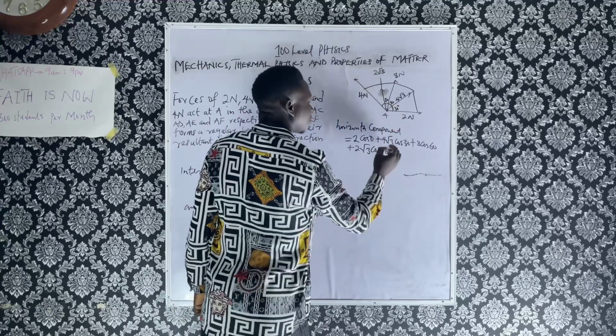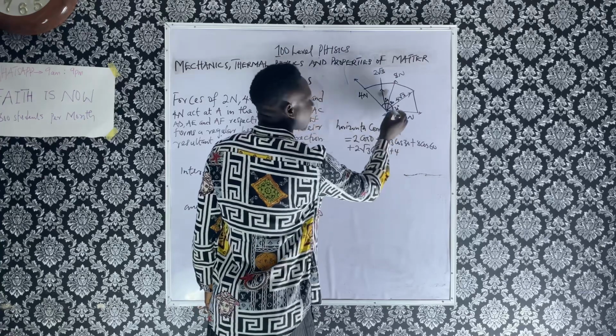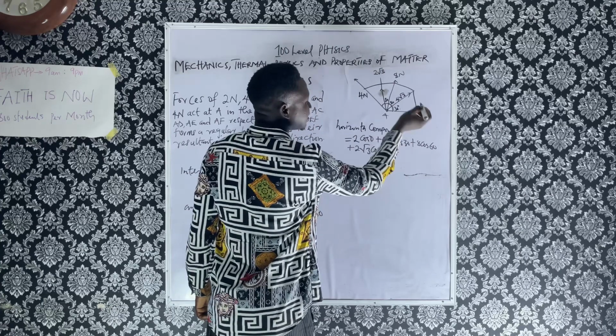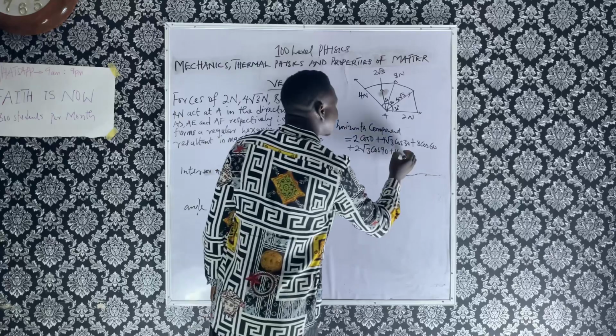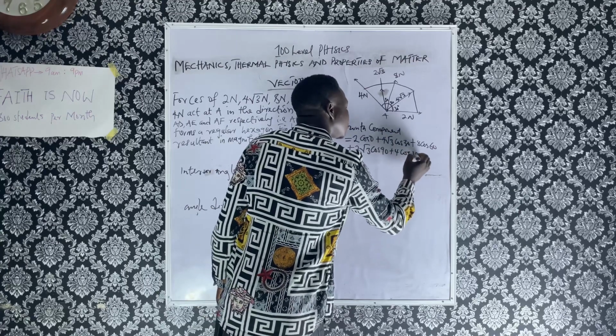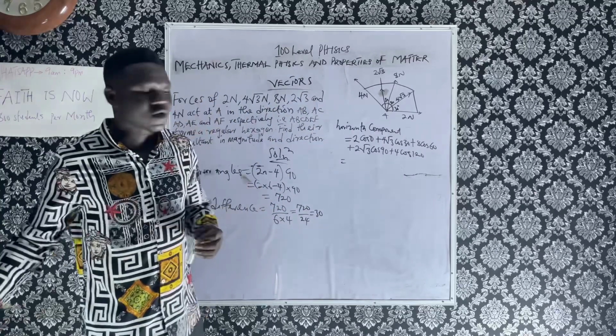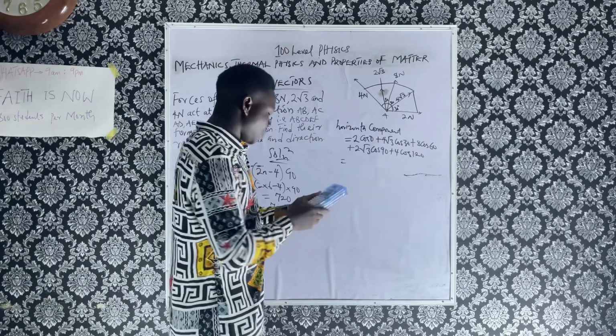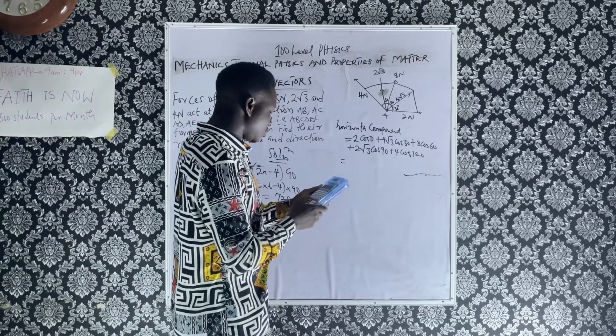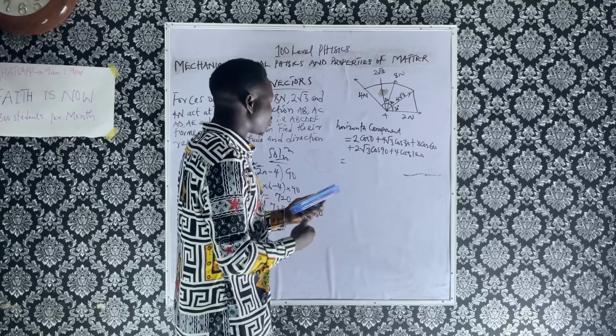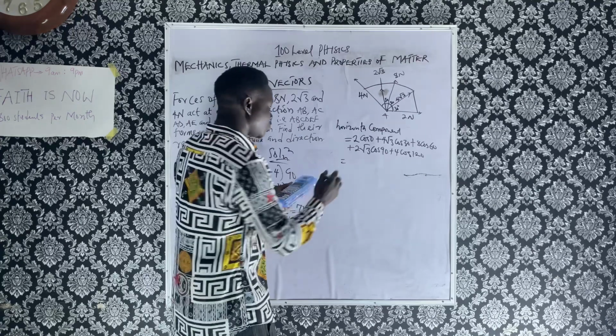As we move to the last one, plus 4: 90 plus 30, that's 120. That's 4 cos 120. So we start looking for the cosine of each of the angles. So 2 cos 0 is 2.